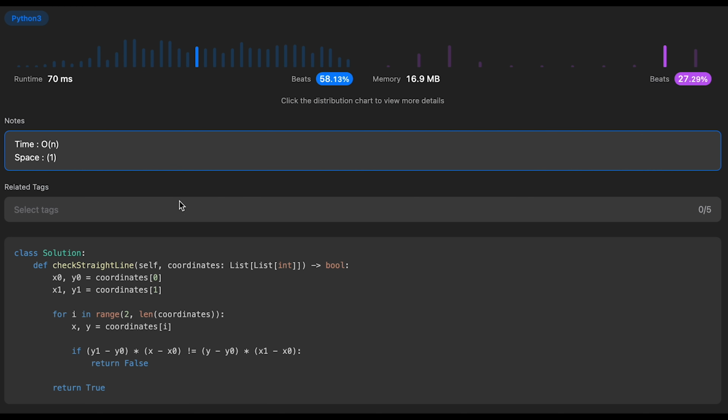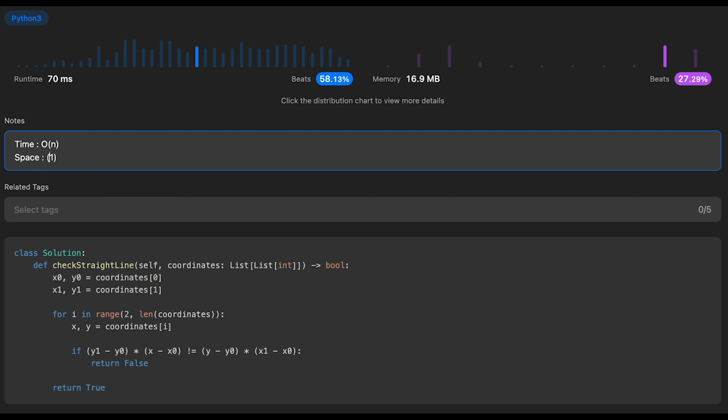Looks good. And the time complexity of this solution should be order of n, where n is the number of coordinates. Yeah, this is a very simple solution code. We take the first two coordinates and then start from index 2, so that's why time complexity should be order of n.